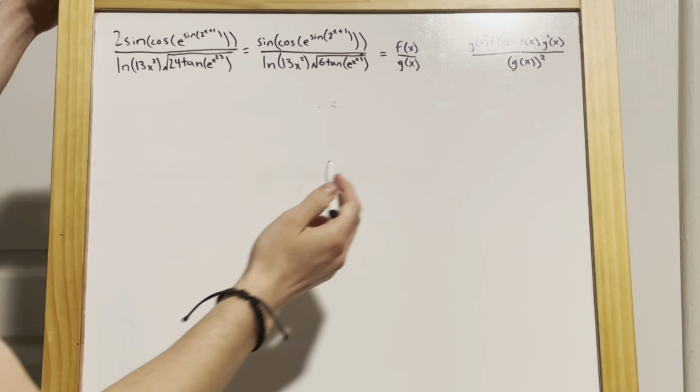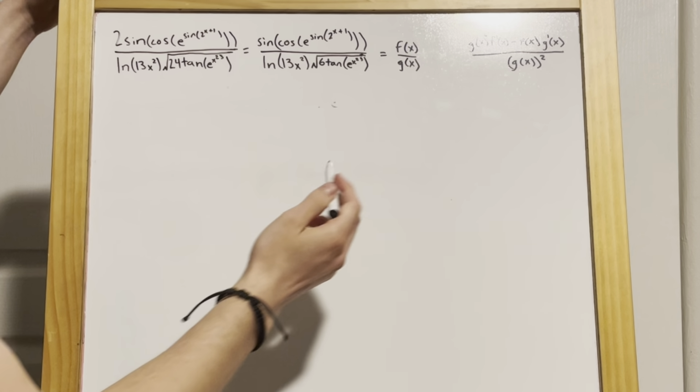First thing we're going to do, g of x times f prime of x. So we'll have all of this, natural log 13x squared times the square root of 6 tangent e to the x to the 23rd, like that, times the derivative of f of x, so the derivative of the top.